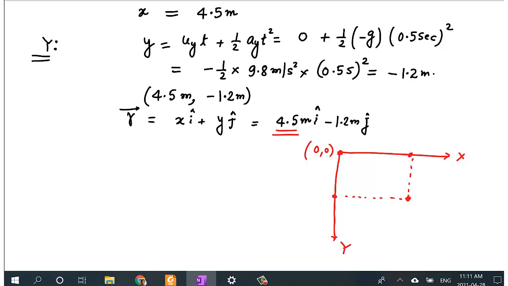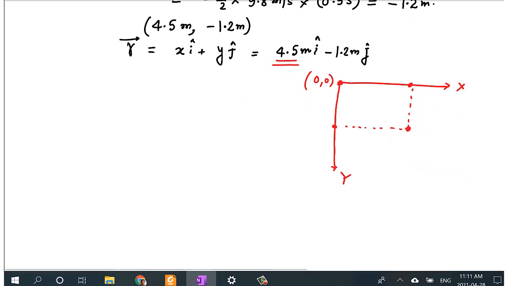So this is the position of the motorcycle, that is, the x distance is 4.5 meters and the y distance is 1.2 meters, and if you join the origin and the final position, that will give you the r vector.